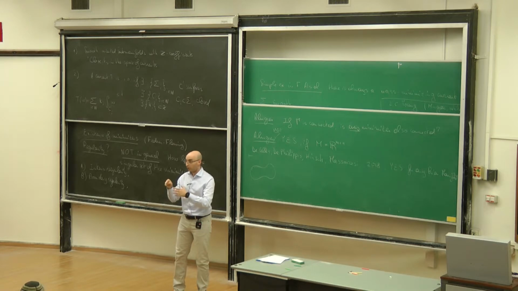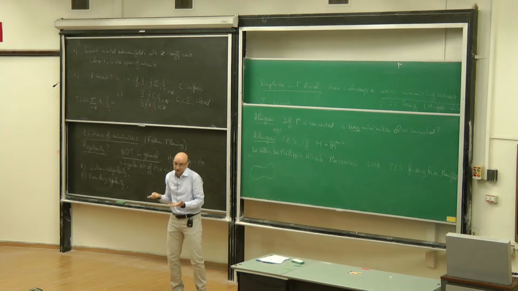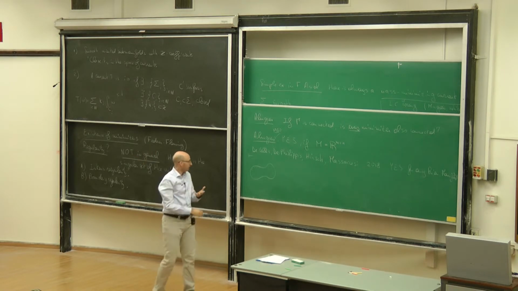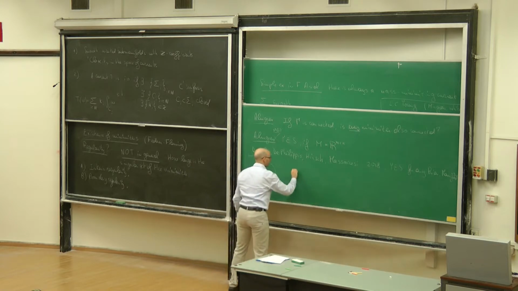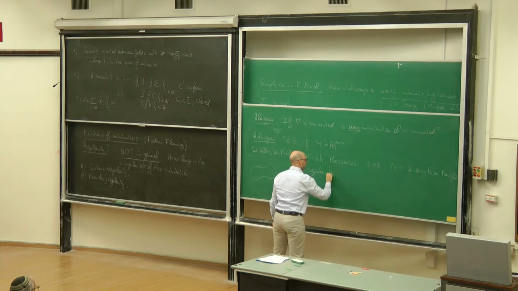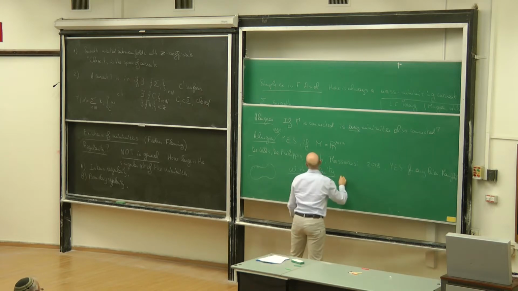Now, the other piece, which belongs to the minimizer, must be completely disconnected. But if it is completely disconnected, I can just erase it, and I get a competitor which has less area. So obviously, the disconnected piece cannot be there. So with regularity, the answer is trivial.